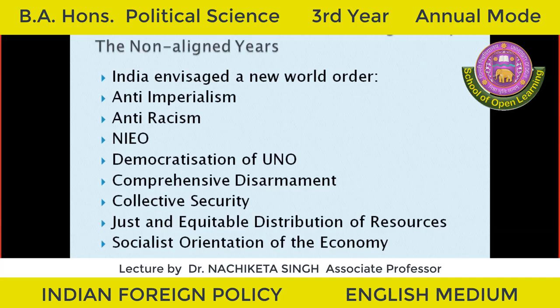So we have been very critical of the veto power of the permanent five. Why should they have exclusive power of veto when the rest don't? So the UN, as India said, needed to be democratized.